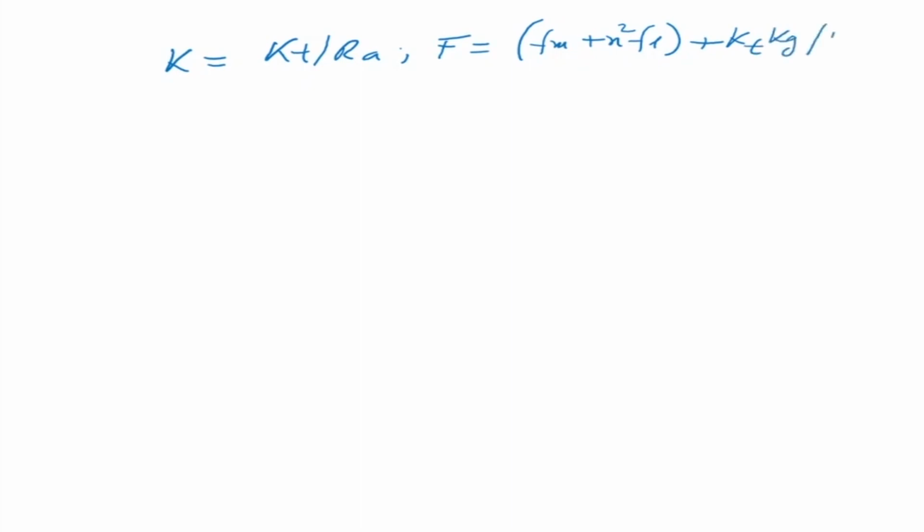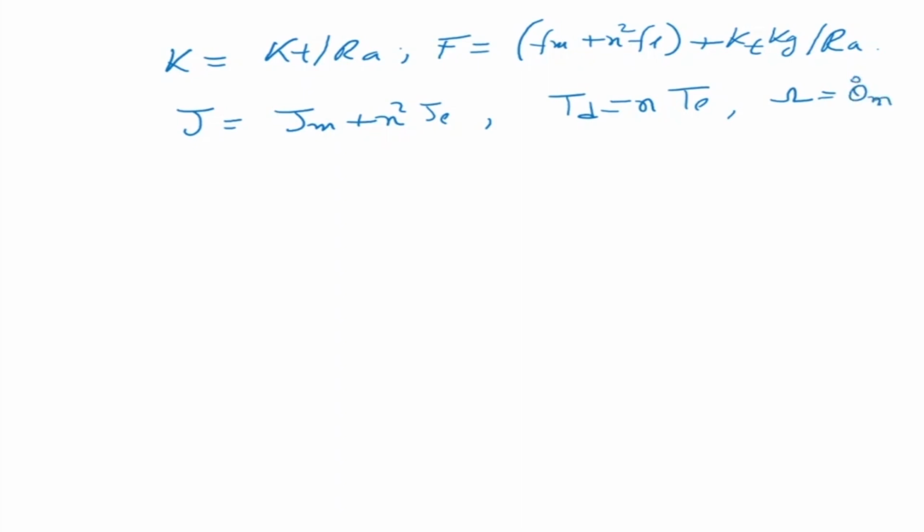K is equal to KT by RA. F, capital F, is equal to Fm plus n squared FL plus KT kg by RA. And J is equal to Jm plus n squared JL; these are called effective inertias. I'm simplifying it, and TD is equal to n times TL. Omega is equal to theta m dot.